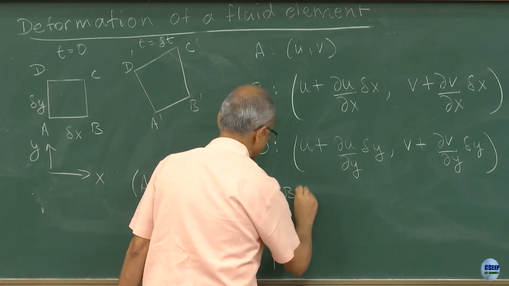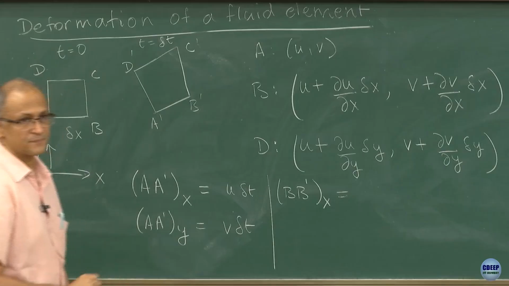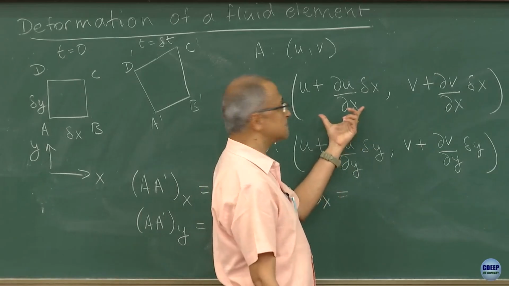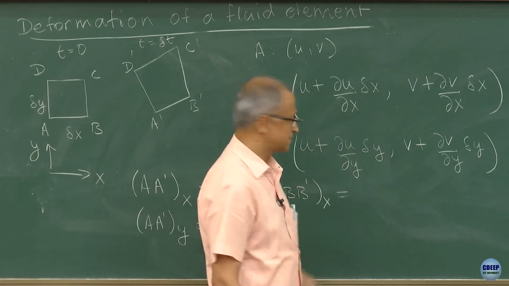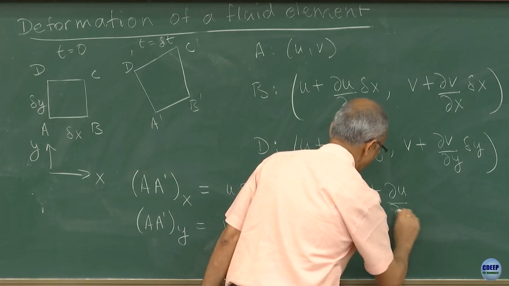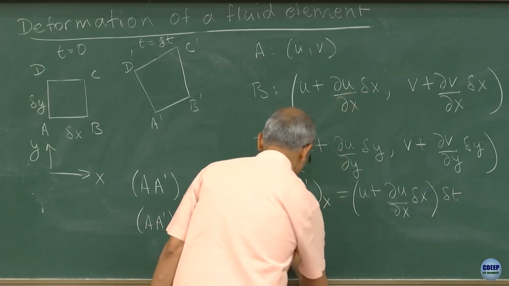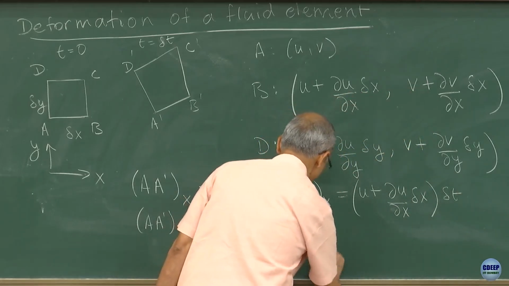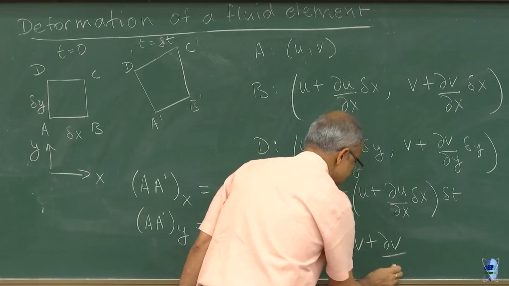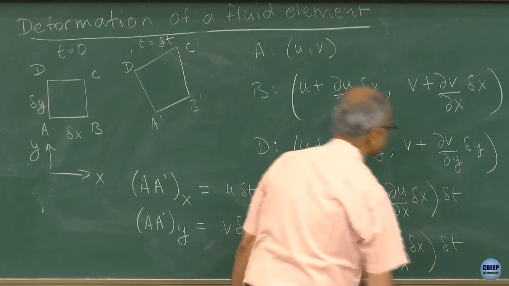Similarly, I can find out what is my b prime x. What is that? Again, whatever is the velocity of point B times delta t. So it is u plus ∂u/∂x times delta x, all of this multiplied by delta t. Similarly, b prime y is equal to v plus ∂v/∂x delta x times delta t.